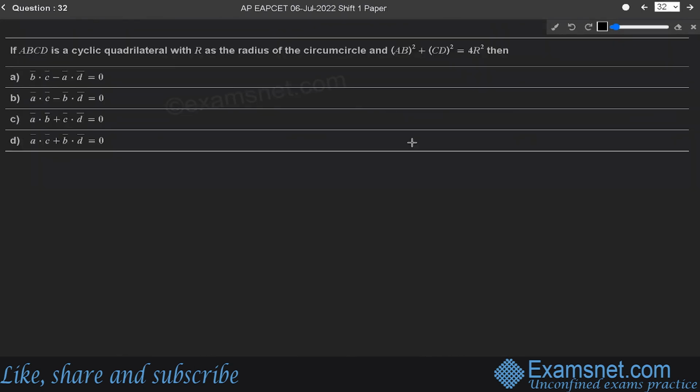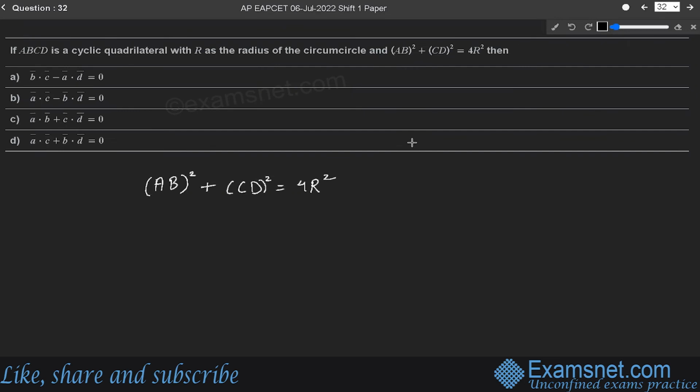Next question is, if ABCD is a cyclic quadrilateral with R as the radius of the circle and AB square plus CD square is equal to 4R square, then, see, it is a very simple question.